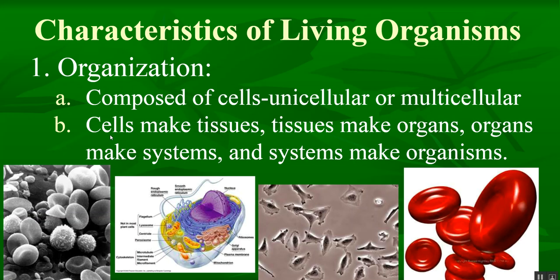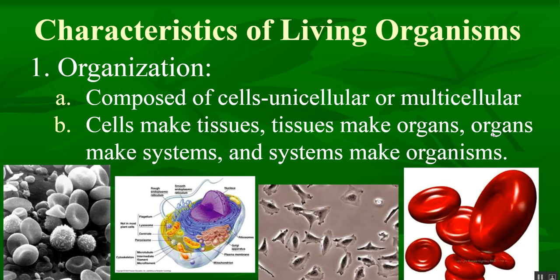And so the way that level of organization works is cells make tissues. And so there's epithelial tissues, connective tissues, nervous system tissues, muscle tissues. And those tissues, when you put a couple of those together, it makes organs like your heart, your lungs, your stomach.